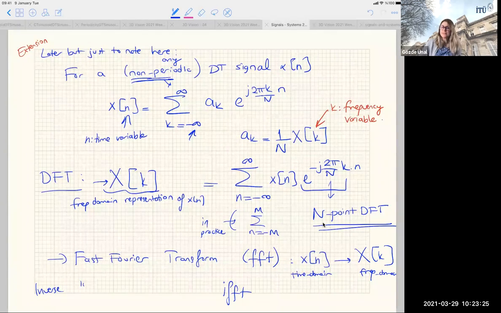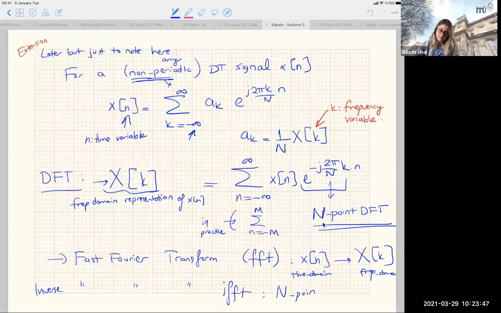These are fast computations, for instance taking the N-point FFT with N as multiples of 2 and things like that. But we're studying the theory here currently, not the practice. You will do these in your homeworks. This is the N-point DFT.